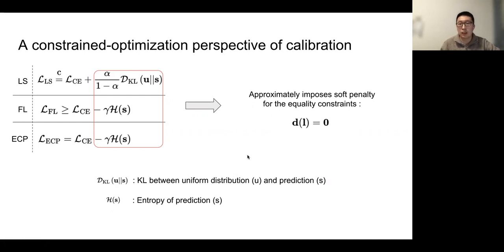And on the logit term, it means that they push the logit values to be equal to each other. And it also means that it approximately imposes soft penalties for the equality constraint, because this additional term tries to let the model be close to this constraint.